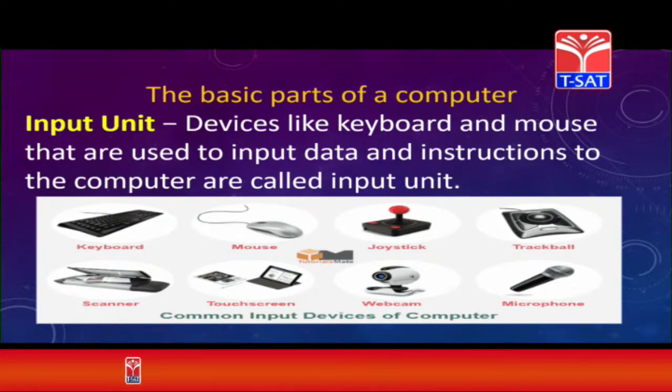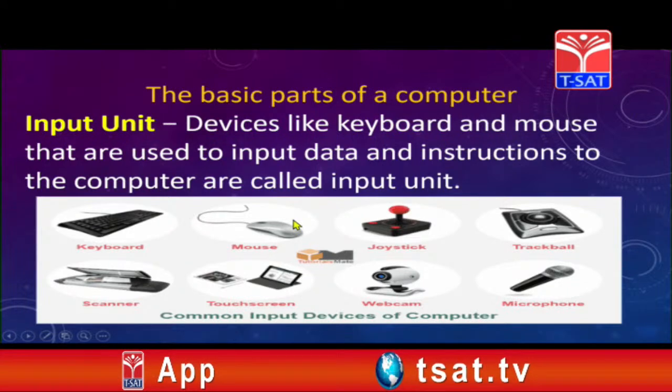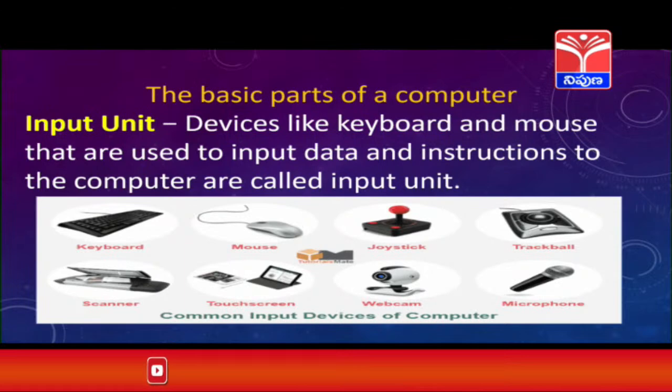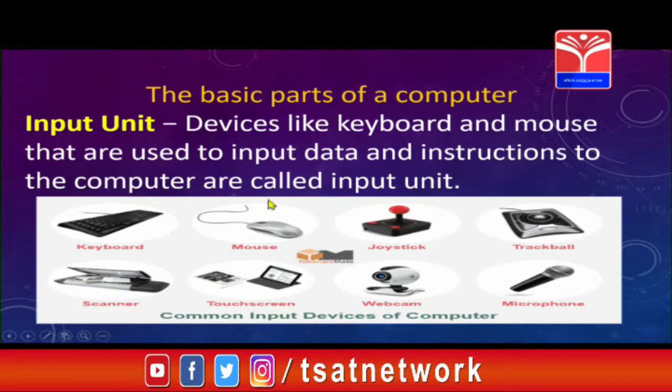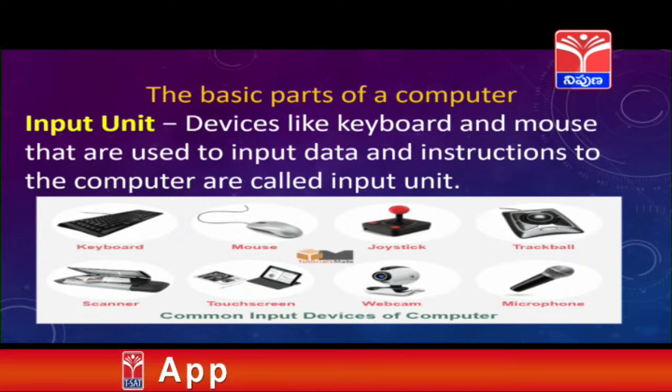The second one is the mouse. Nowadays we even have a digital mouse and a remote mouse. If you want to select something, we generally use the mouse, and by using the mouse a cursor moves. The next ones are the joystick, trackball, microphone, webcam and touch screen.